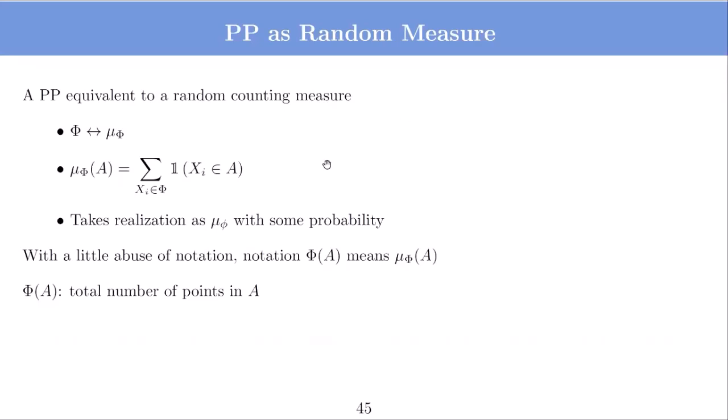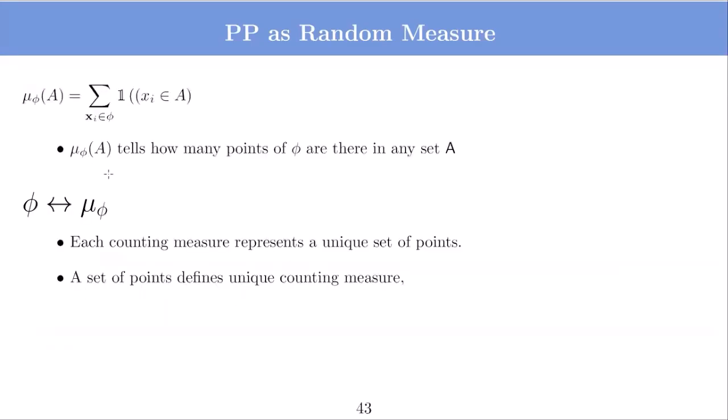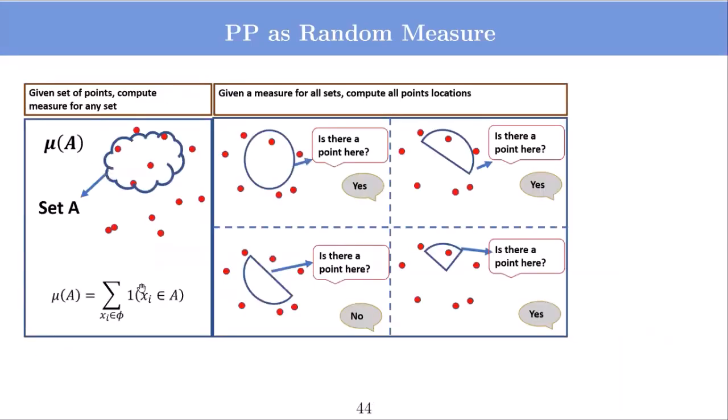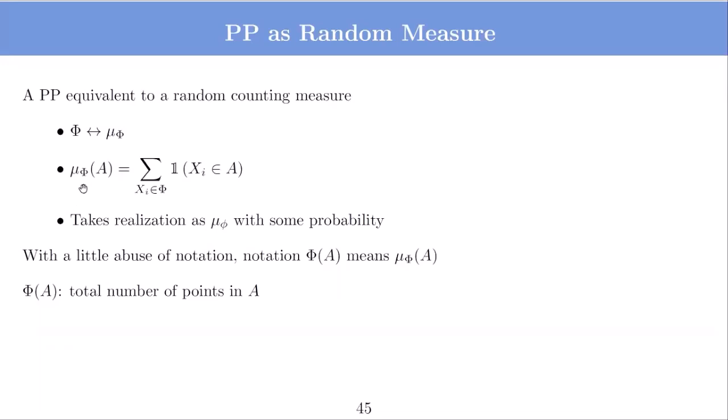Okay, how do I define this? So I'll define mu of capital phi in the following way. For any set A, mu of capital phi A is defined as how many points there are in this set of this capital phi. Okay, and then you can notice that as different realizations take place, this measure function will change.